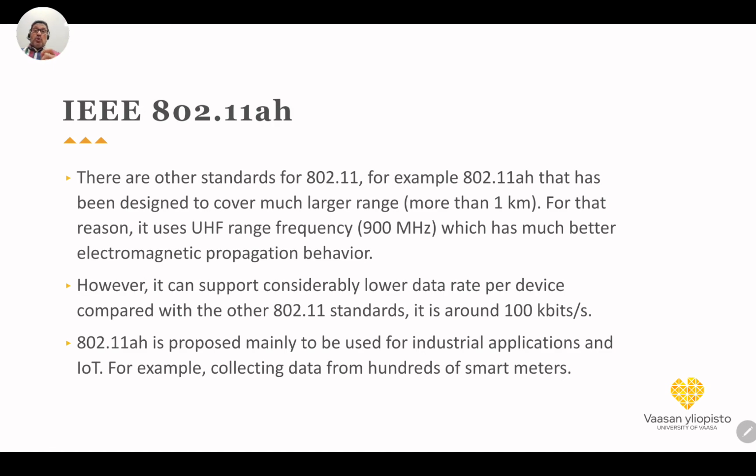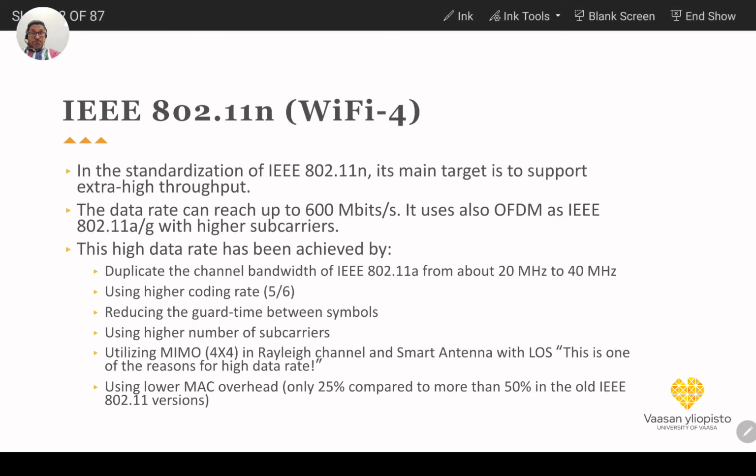So it could be used with IoT applications. The data rate is around 100 kilobits per second, so it is not suitable for applications like downloading or uploading files. It is much lower speed.